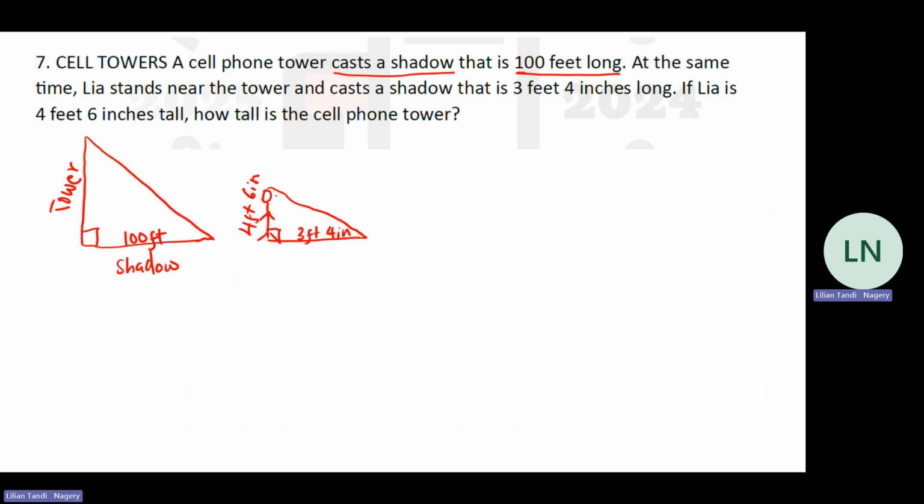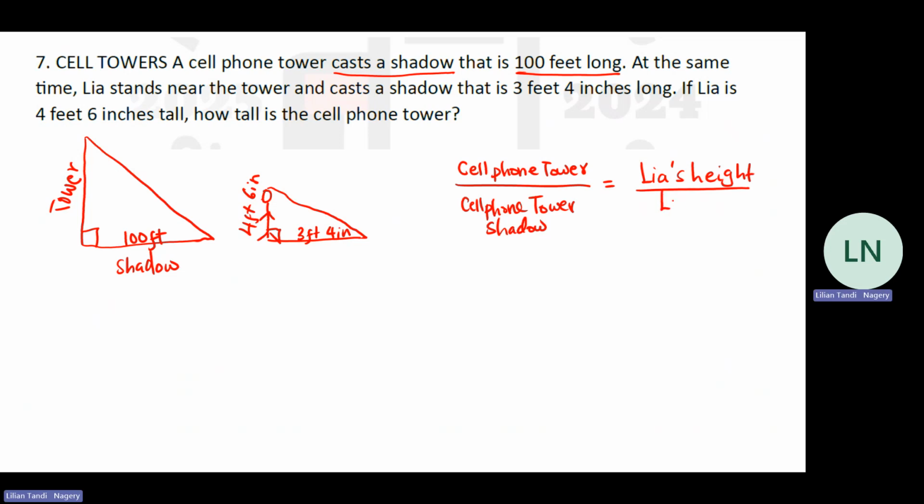Okay, how tall is the cell phone tower? So we can write a proportion. Cell phone tower over its shadow should equal Leah's height over Leah's shadow.